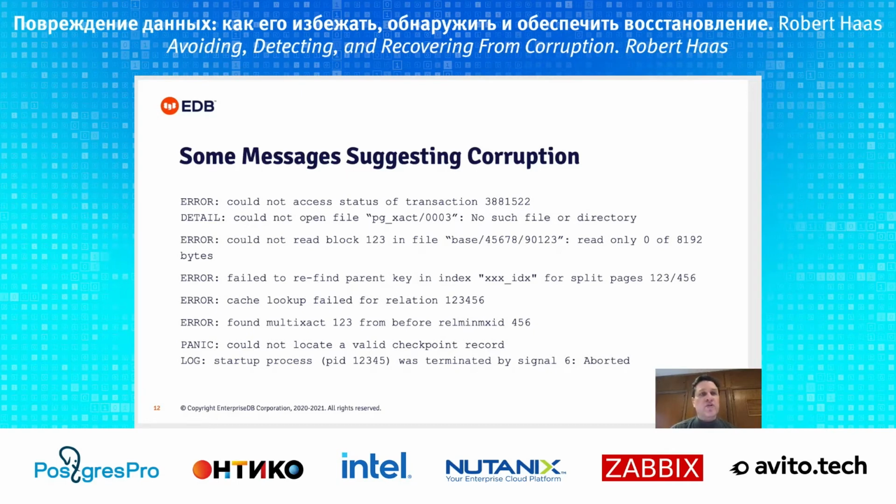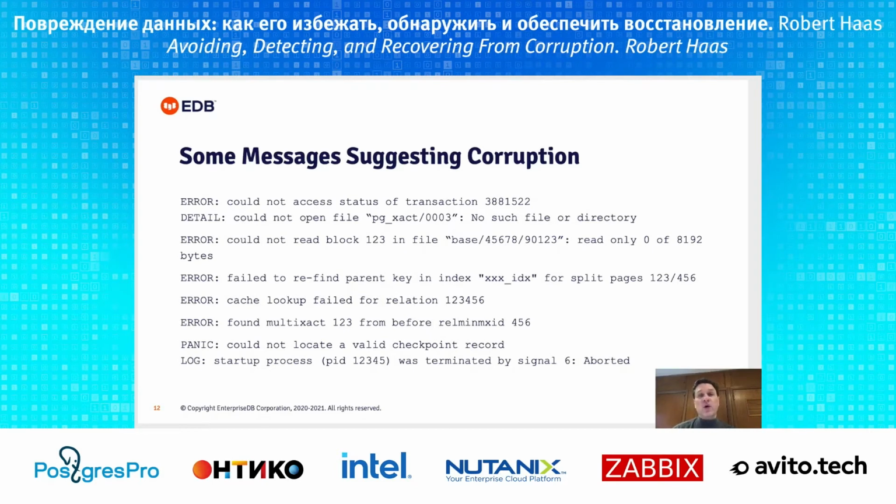But these error messages that I'm showing here are different, because they are all talking about internal things. The status of a transaction with a particular number, a block in some file that's managed by the database, some kind of thing that's internal to an index, a cache lookup failure. It doesn't really matter whether you know what these things are specifically or what they refer to.